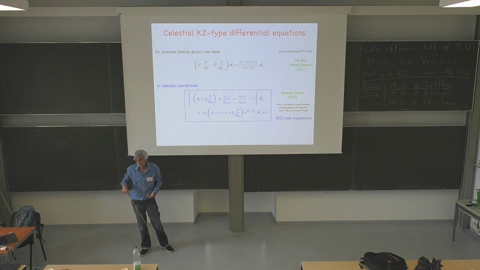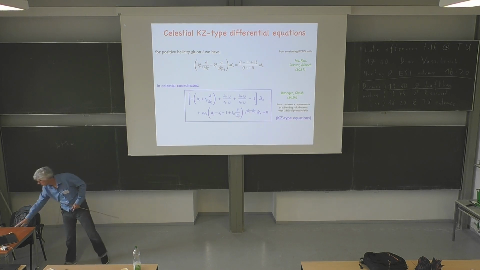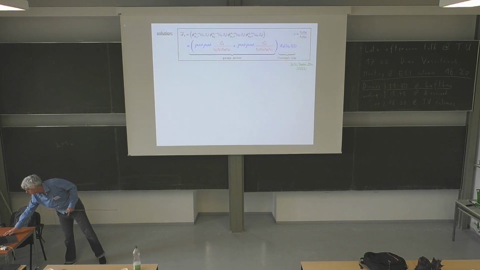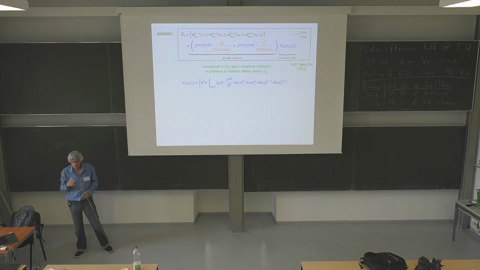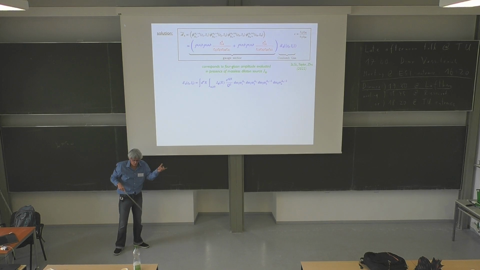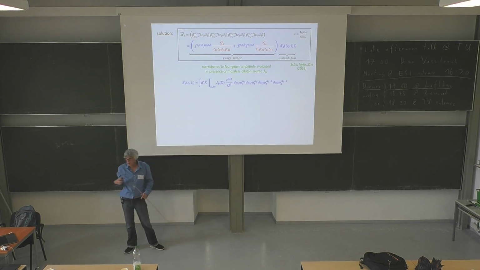How do you connect? We look in the four-dimensional space at how this amplitude looks. It looks like the 4-gluon amplitude plus dilaton, when this is the amplitude in celestial coordinates.